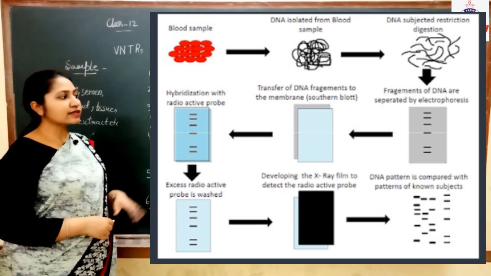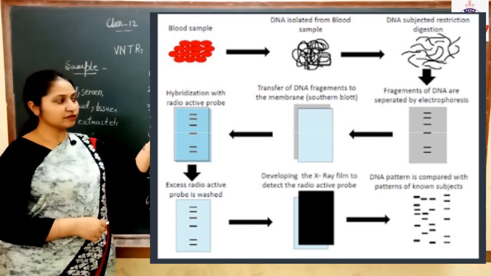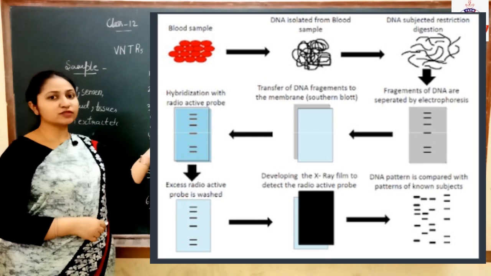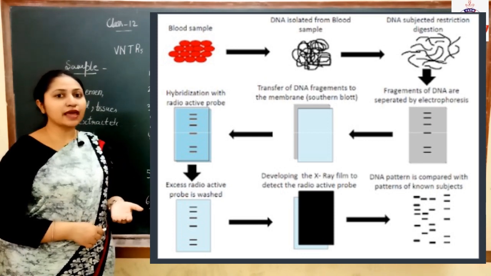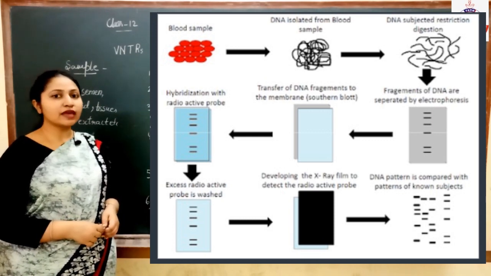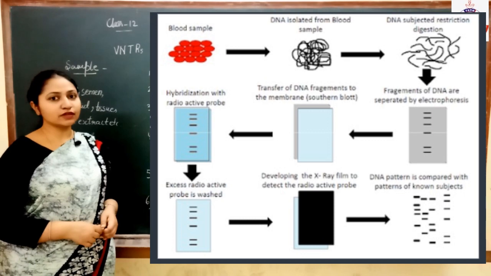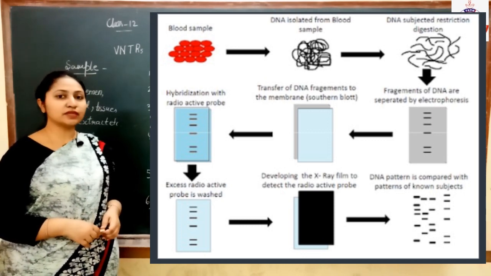So when the X-ray film is exposed, these DNA fragments which are base paired with the DNA probes are visible as bands, and this is known as autoradiography, and this is the DNA fingerprint. In this way, we will get the DNA fingerprints from the sample.